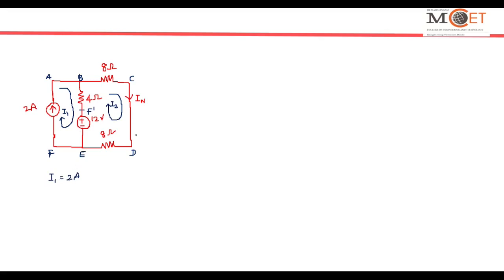Now I want to write the mesh equation for this loop, which is B, C, D, E, F dash, B, and the current in it is I2, which is the primary current. Let me try to write the mesh equation. Each branch is either a potential dropping element or a potential rising element.